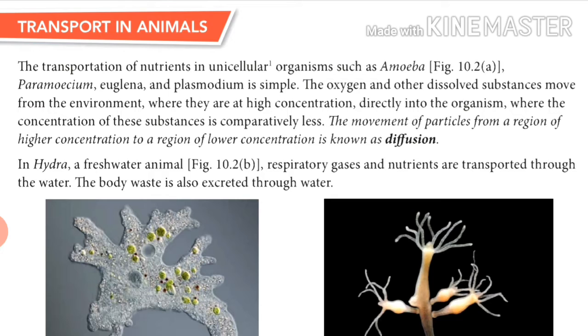So this is called the diffusion process. So here the definition says that the movement of particles from a region of high concentration to a region of low concentration is called diffusion.